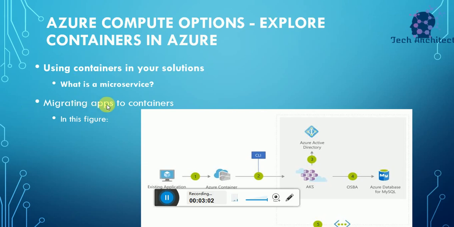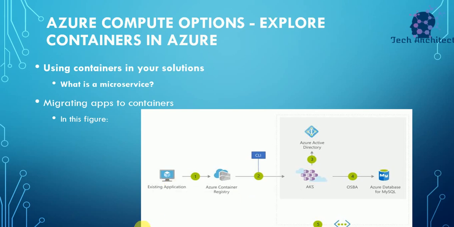So, migrating apps to containers. In this figure you can see you can convert your existing application to one or more containers and then push one or more container images to the Azure Container Registry. By using the Azure portal or command line, you deploy the containers to an AKS cluster.